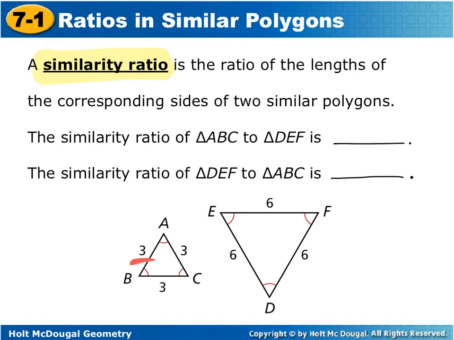Let's take AB, which has a length of 3. And we need one leg from our bigger triangle, which is 6. They're all 6, so we could pick any one. So our ratio is 3 to 6. How does this simplify? 1 to 2. So our ratio here is 1 to 2.